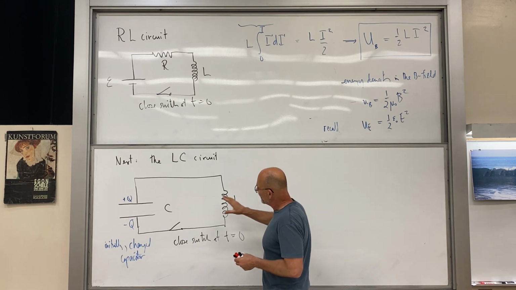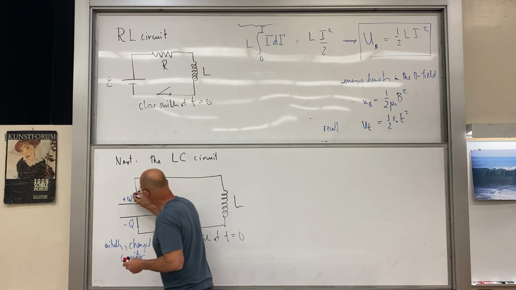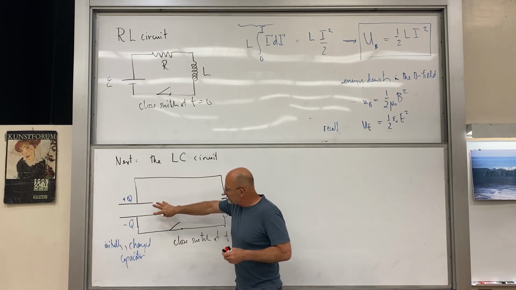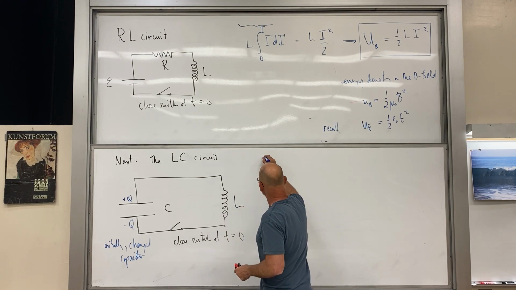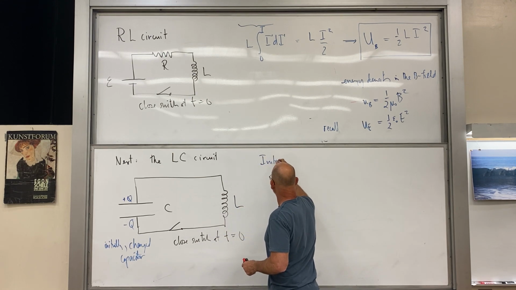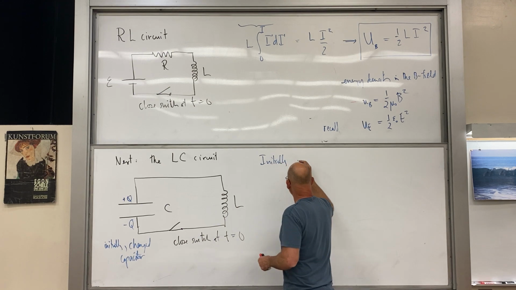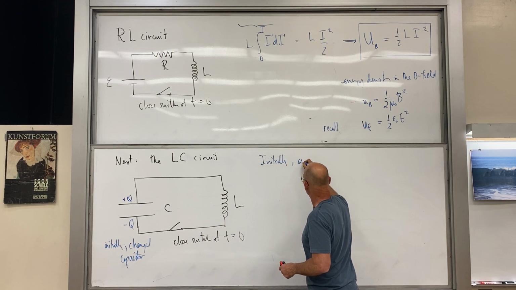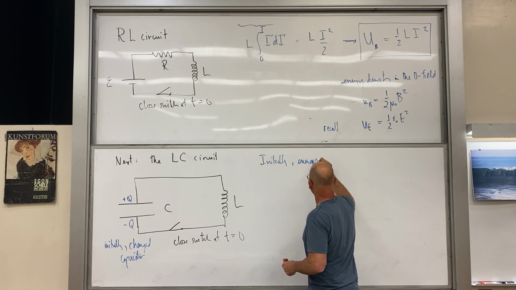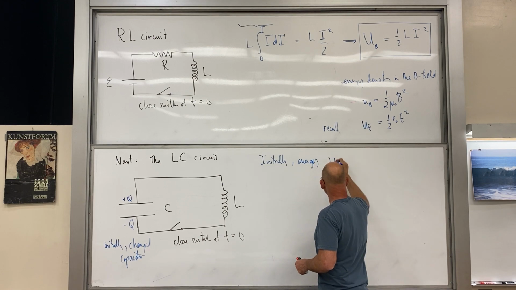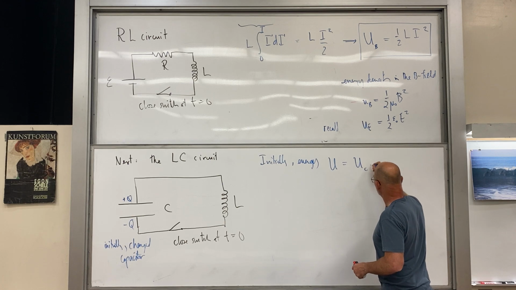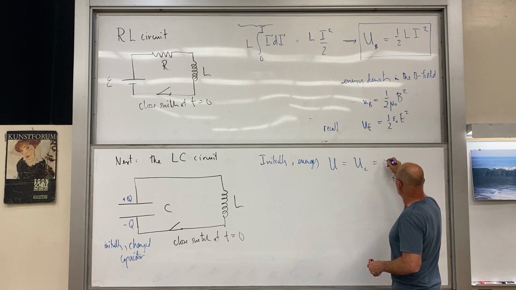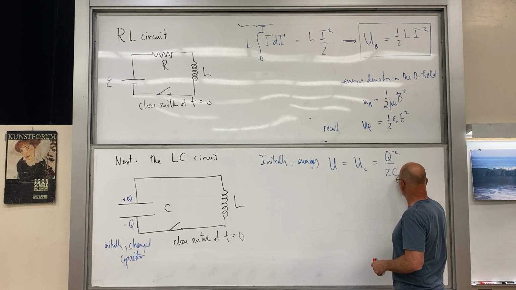But we remember from earlier work that there was energy stored in a charged capacitor. So initially the energy U, U sub C, is equal to Q squared over 2C.